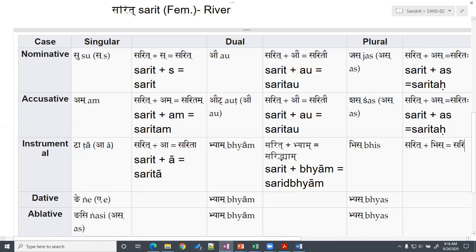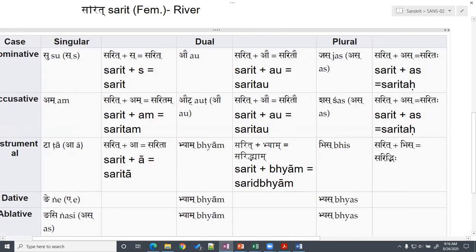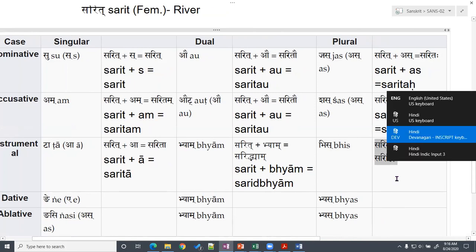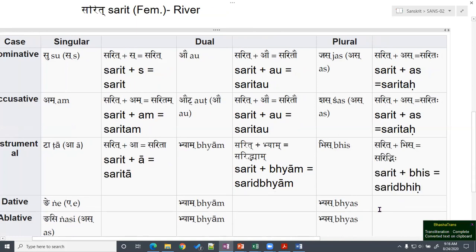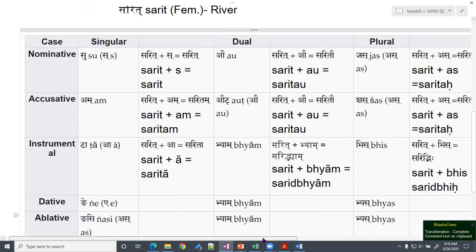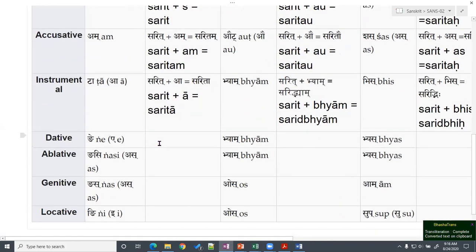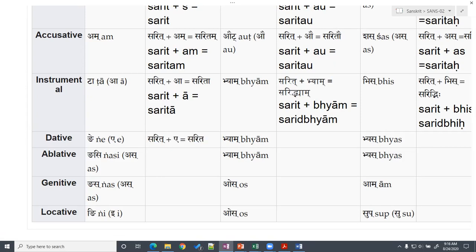So it becomes saridbhihi. Then this is a, even though ne is the main suffix, it's actually a. So you can just have it here, sarite.